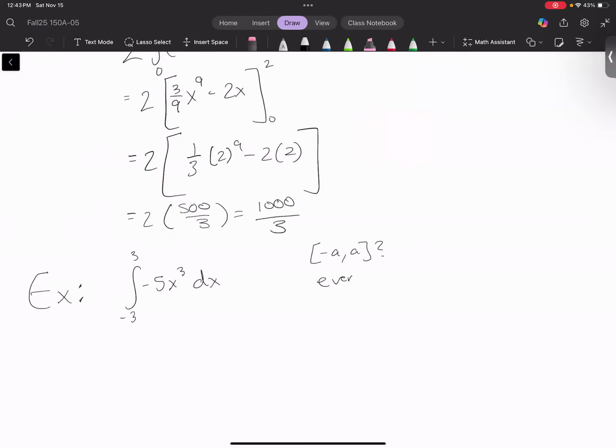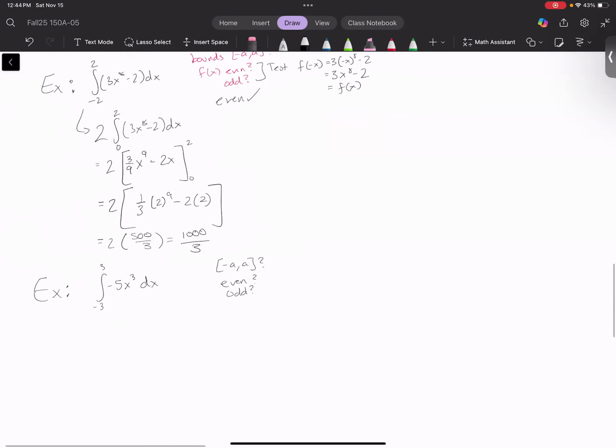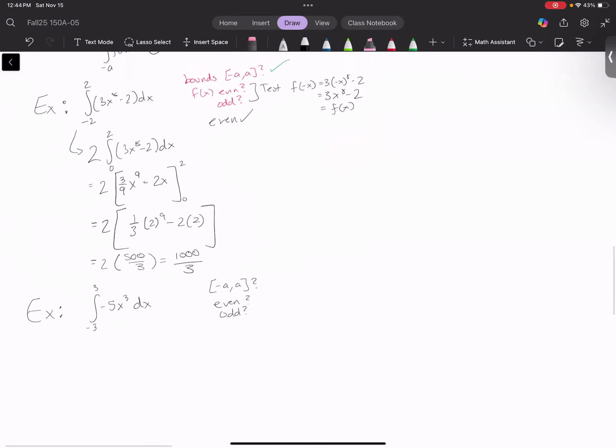And is it even or odd? Most functions are neither even nor odd, so most of the time we can't use this trick. But on this one you can. I'll leave the previous problem on the board. Go ahead and pause here and try it.